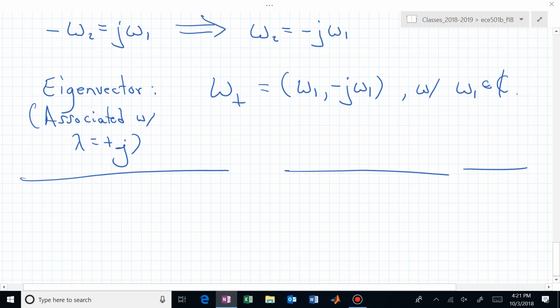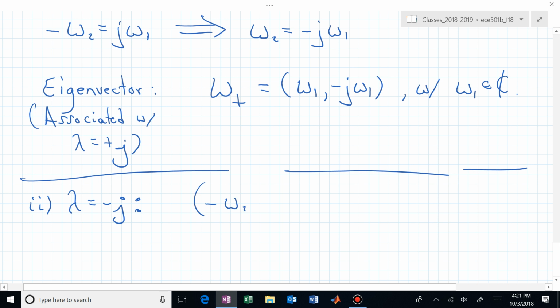What about the other one? What about lambda equal to minus j? If we go through the same steps, there's Tw, and that's now equal to minus jw.